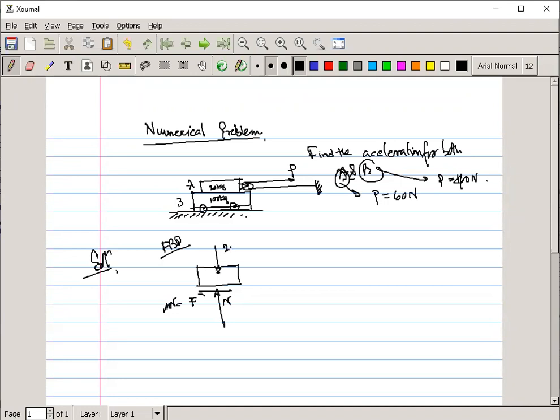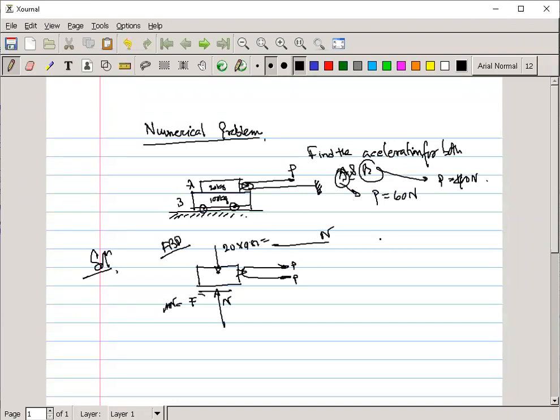Weight of that body is 20 into 9.81. How much is it? This amount of Newton is there. Another thing is here P, here P. Both the tensions are the same, right? This is a frictionless pulley, so this is the case.